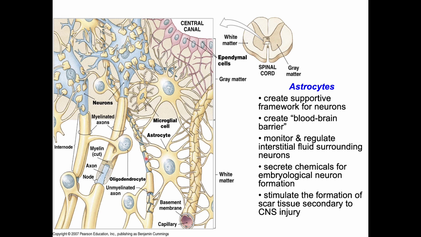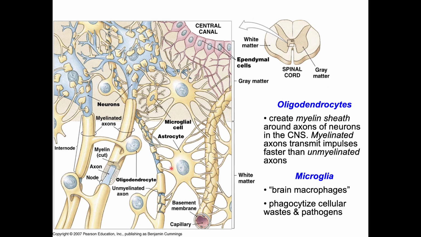It also is there to create a blood-brain barrier. It is there to regulate the concentration of salts and ions within the central nervous system. And if by chance you somehow damage the neurons or the tissues in the central nervous system, astrocytes are responsible for creating scar tissue.